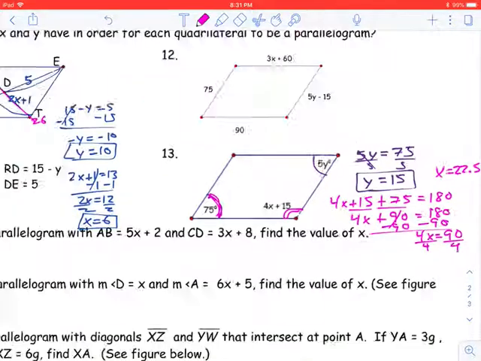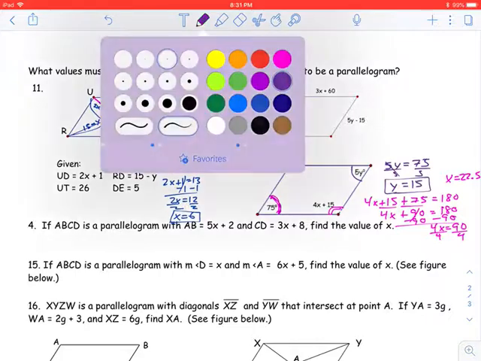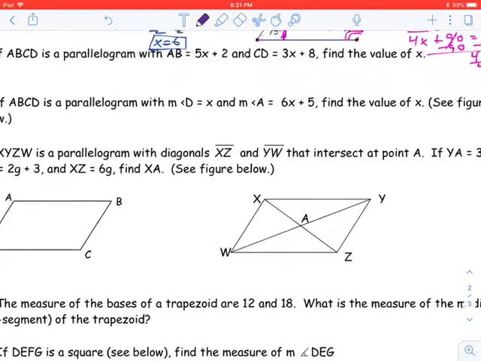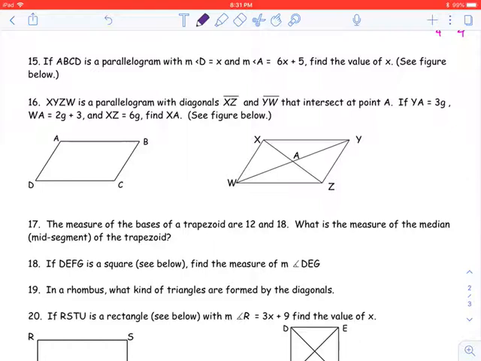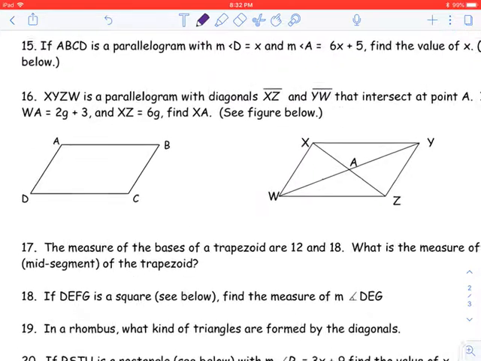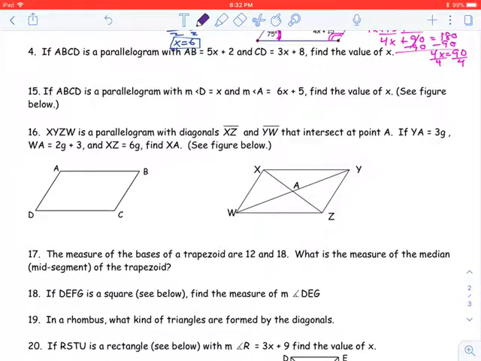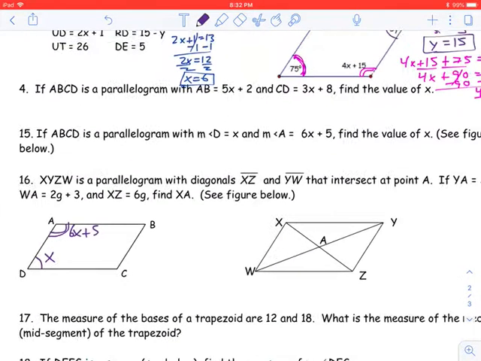All right. So moving on to number 15 here. It says, if ABCD is a parallelogram with measure of angle D equal to x and measure of angle A equal to 6x plus 5, find the value of x. See the figure below. So using this figure, I've got angle D is x, angle A is 6x plus 5. Just as we just did, those are consecutive angles, so they're supplementary.